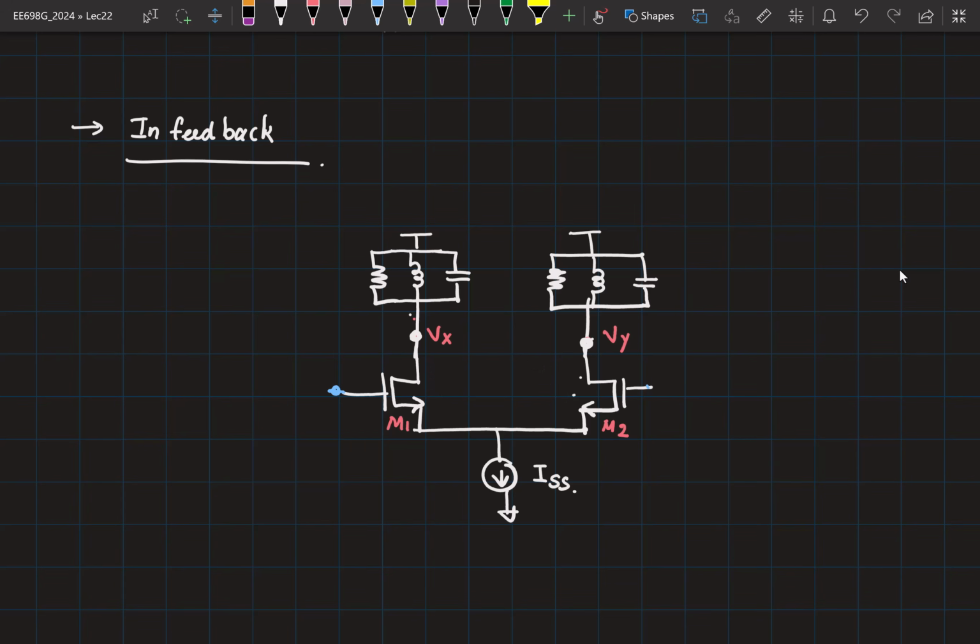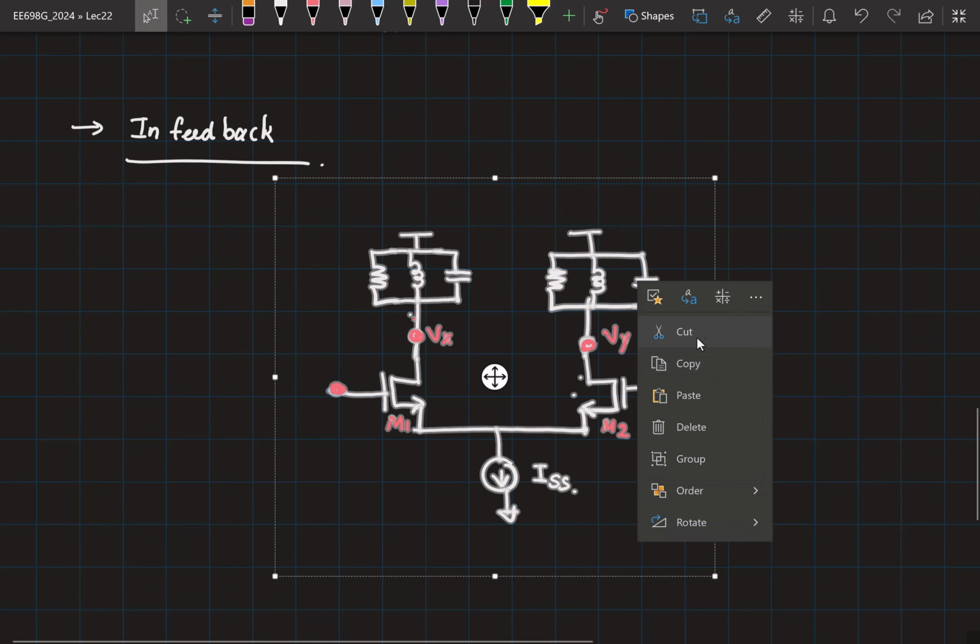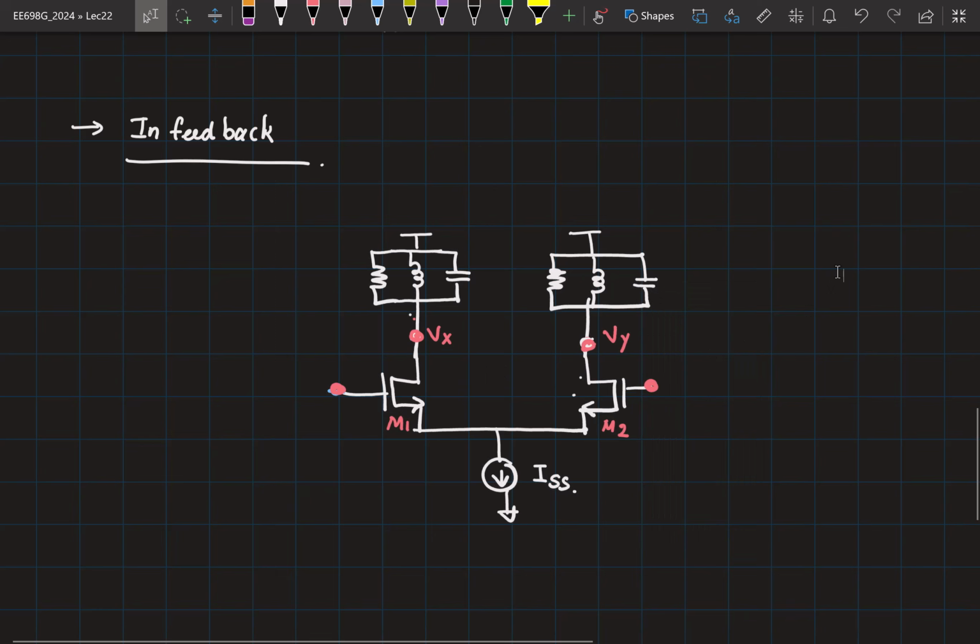So we have 2 inputs at these 2 nodes, and we have 2 points where we can take the output. Which means there are 2 ways in which we could put this in feedback. We could connect like this, or we could crisscross it and then connect it. So we will try both and see where we are getting lucky.